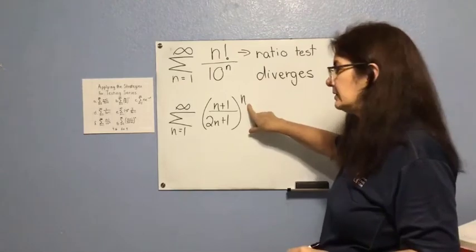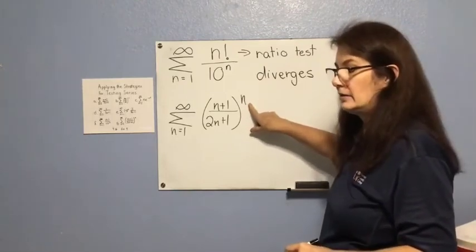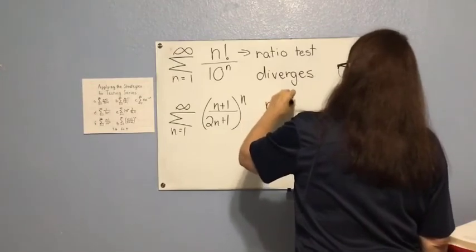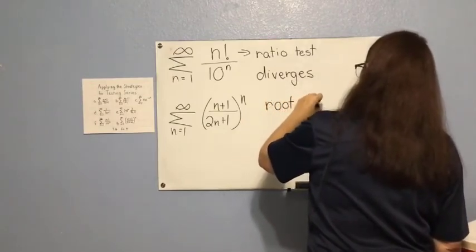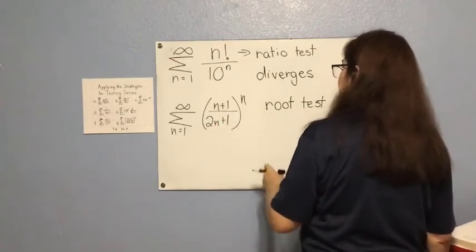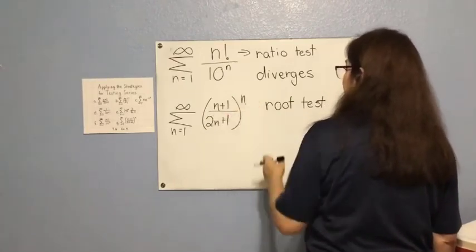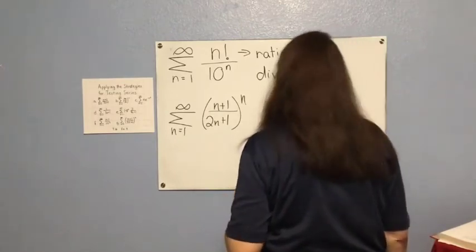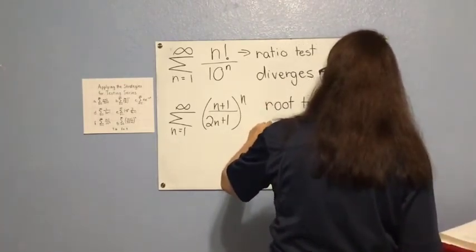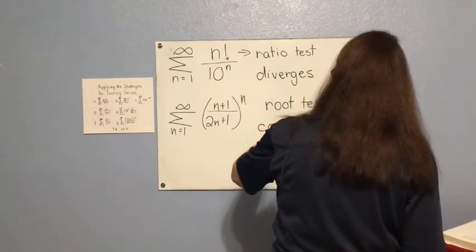And this suggests to me that maybe the root test is going to be a good choice. Because what do I do in the root test? I take the nth root of something. So if I have a power of n, taking the nth root gets rid of that. Okay, and the root test tells us that this series converges.